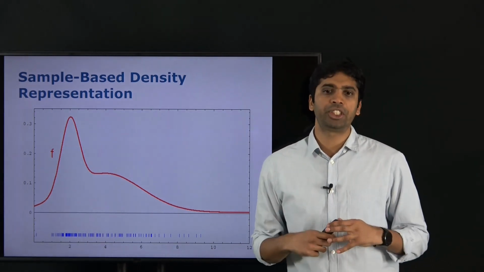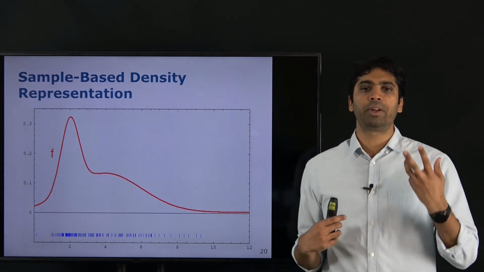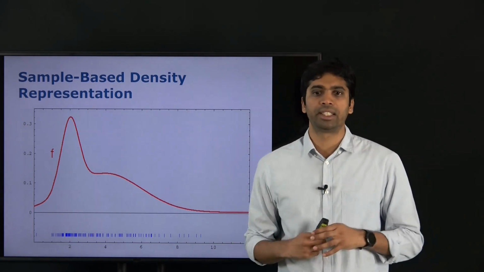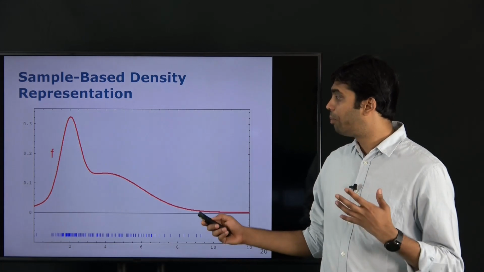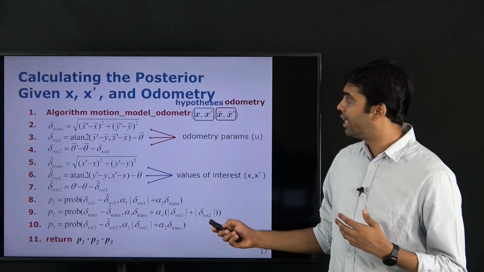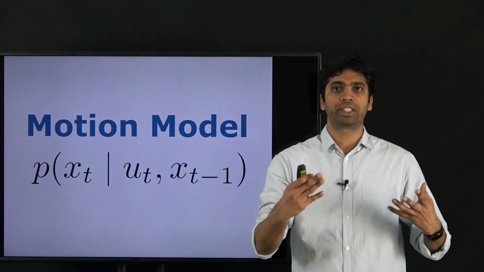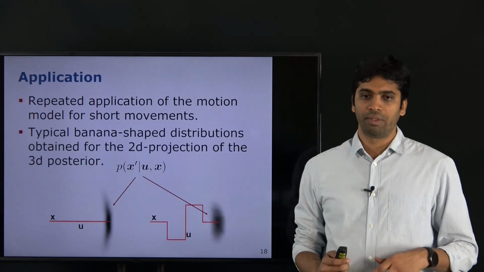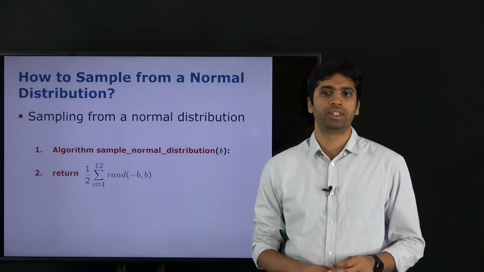In some of the Bayesian implementations that we'll see in this course, it's better to have a sample-based representation than a histogram-like representation like we had before. So what we want to compute for the motion model is a sample-based representation, and this requires us to first know how to sample from different distributions.